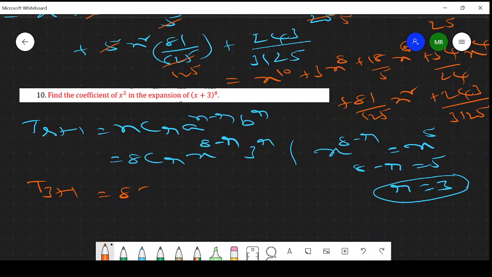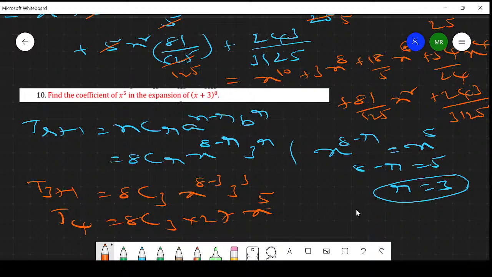If we substitute, T(3+1) is 8C3 x^(8−3) 3³. 8 minus 3 is 5, it comes 8C3, this is 27 into x⁵. 3 cube is 27, I have written. The term is T4, right? Left side you will get T4.